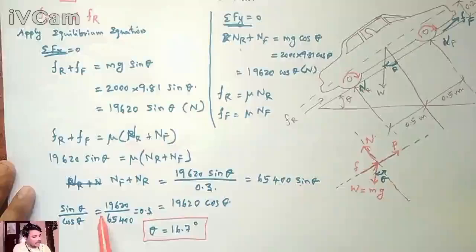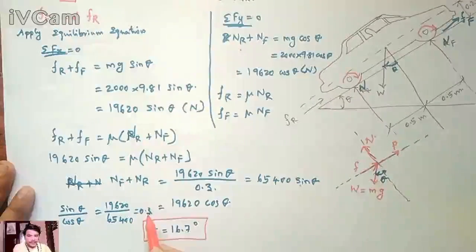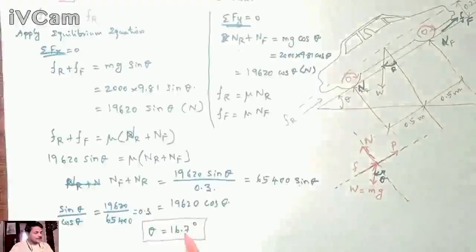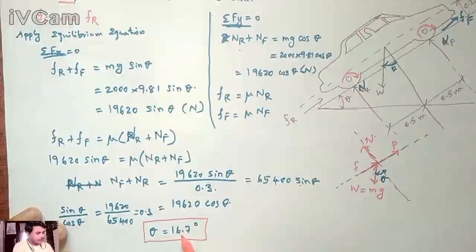So sin theta by cos theta is equal to 19620 divided by 65400, which is equal to 0.3. Sin theta by cos theta is tan theta, so tan theta equals 0.3, and theta equals tan inverse of 0.3, which gives 16.6769 degrees. I round it up to 16.7 degrees.